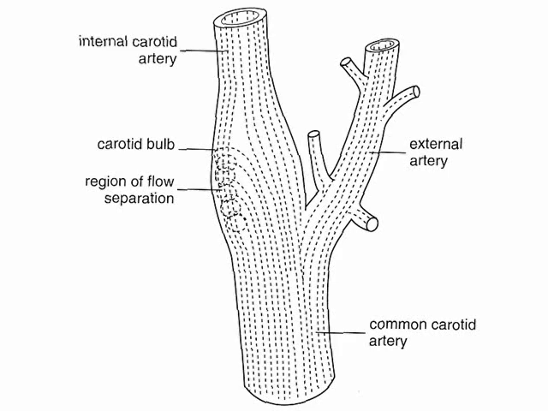A little below is the carotid bulb, a region of the artery that is dilated, and there a lot of turbulence is produced. This is the area where plaques are more common.